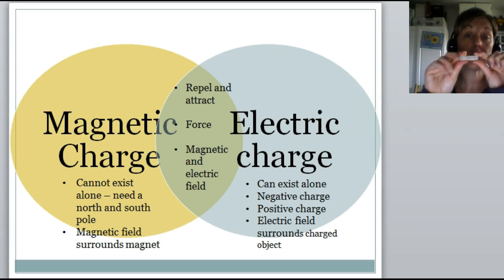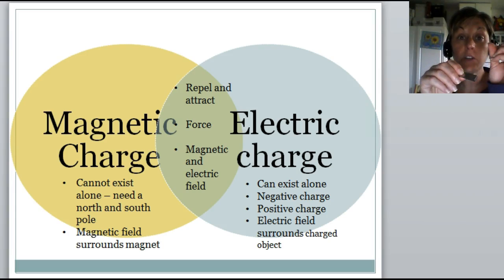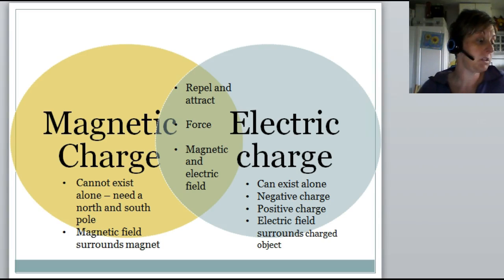An electric charge can exist on its own. A negative charge can exist on its own, and a positive charge can exist on its own. We discovered that in that little activity that we did in class. An electric field does surround the charge itself. Some things they have in common is that they both repel and attract.